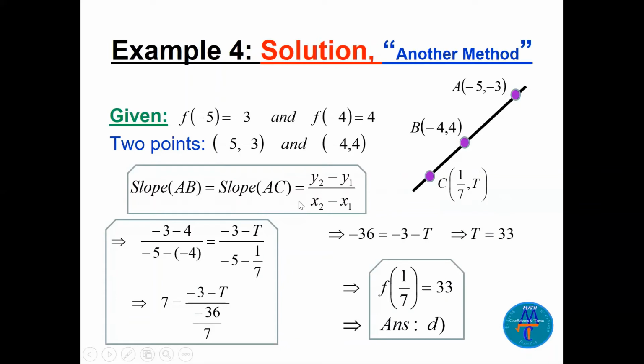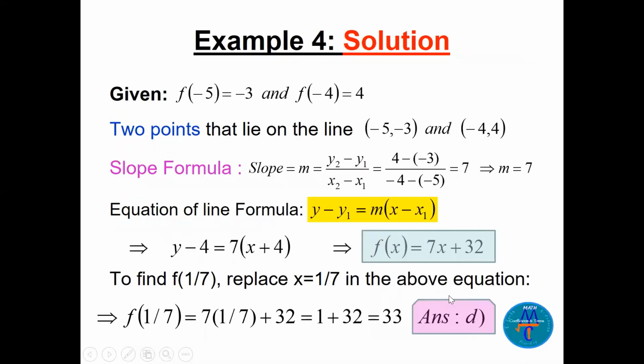So I find the slope of AB, I find the slope of AC, and then I make them equal. This is the formula. You have to work a little harder with the numbers, and then you will reach T is equal to 33, as we found here.